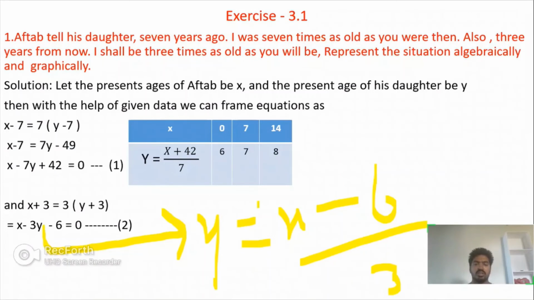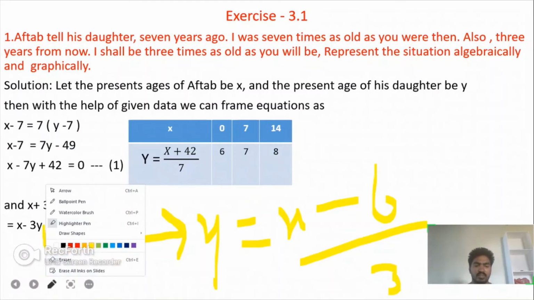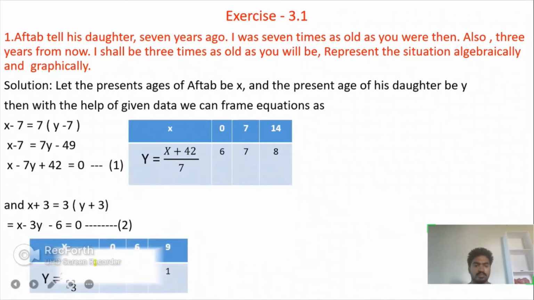Now I find the coordinates using a table of x and y values. If I take x is equal to 0, then y is equal to minus 6 by 3, that is minus 2. If I put x is equal to 6, then y is equal to 6 minus 6, that is 0, divided by 3, which is equal to 0. If I substitute x is equal to 9, then the value of y will be 1.